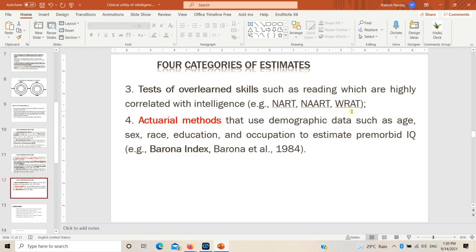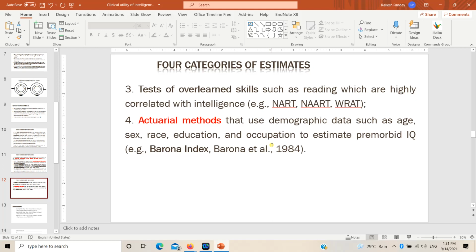So we can say that actuarial method means a statistical method, and that statistical method often uses a form of multiple regression. And in these actuarial methods, several researchers have tried to empirically develop regression-based statistical equations to estimate premorbid IQ, but this requires only information on demographic data such as age, sex, race, education, occupation, nothing else.